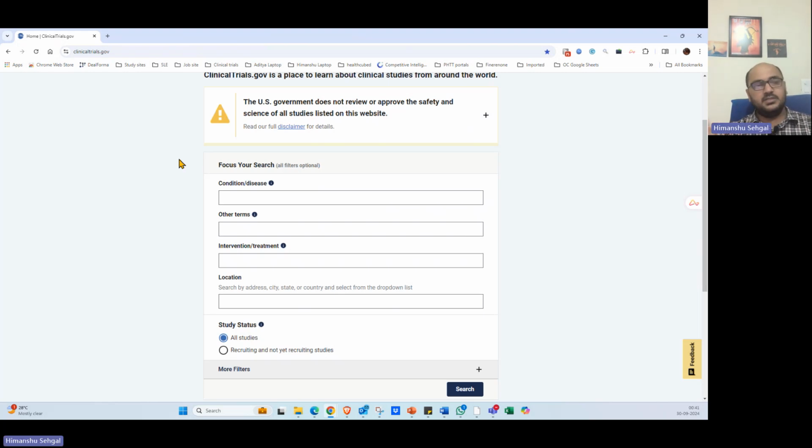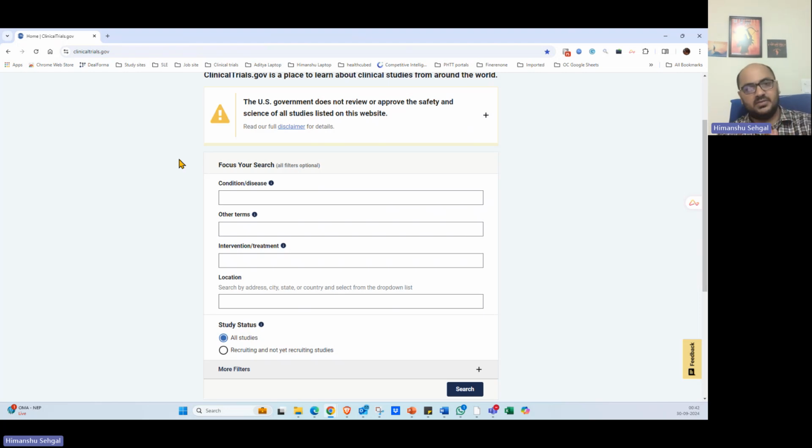You will get pipeline molecules from here. You will find out which trial is running in which country, and in which countries a molecule is being assessed. From the location, you'll get the information that okay, this molecule is being assessed outside US. That means either they will do a US specific study separately, or they are presently not planning to assess or launch this molecule in the US, because the US is very specific.